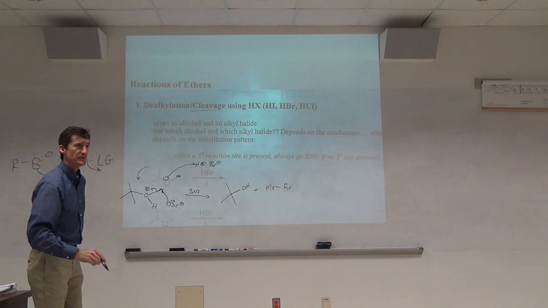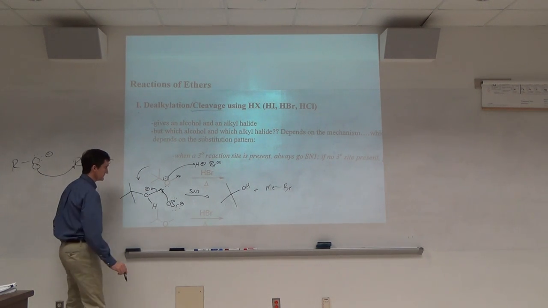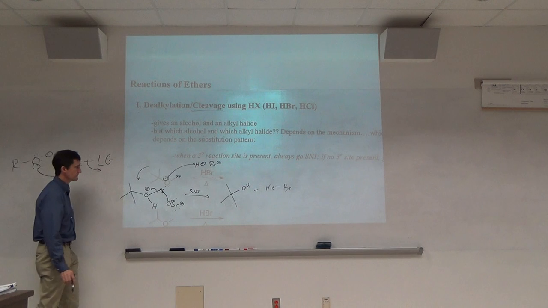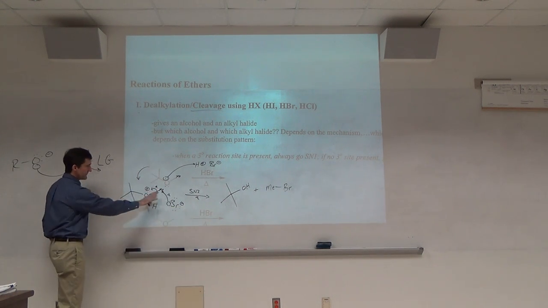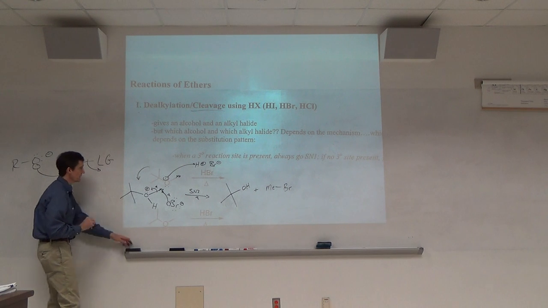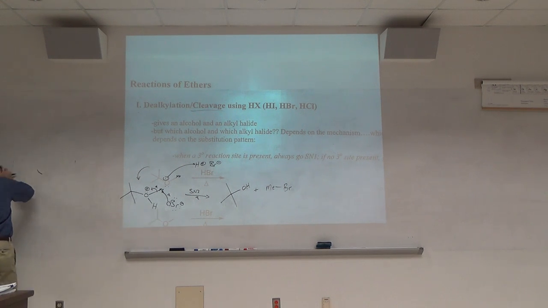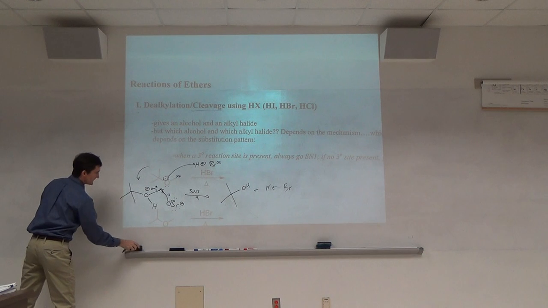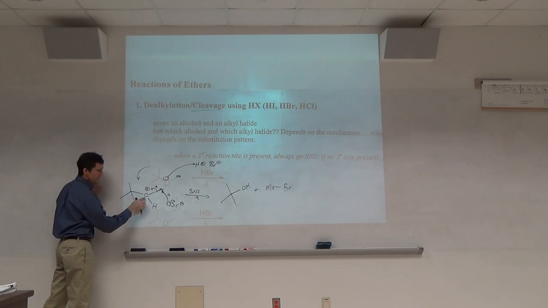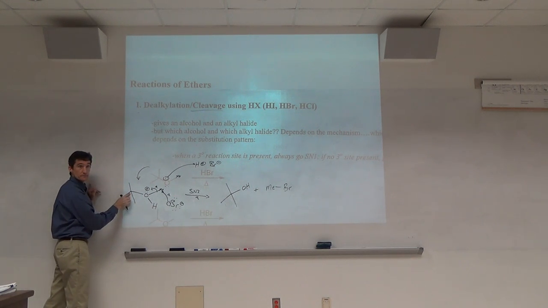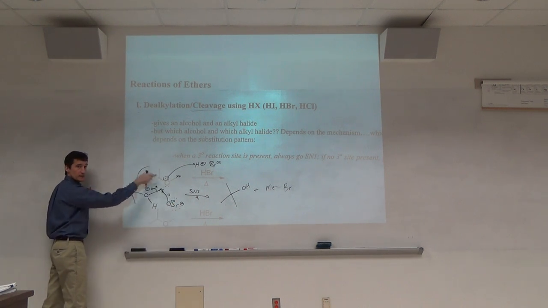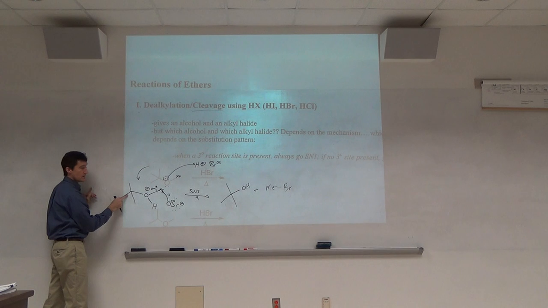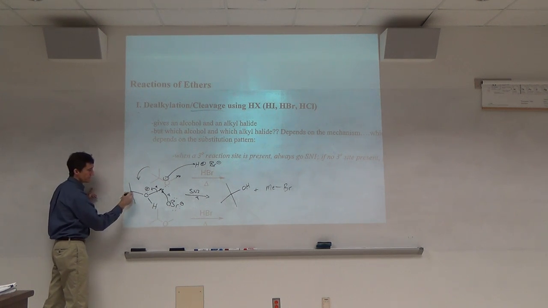What other mechanism could be done here instead of SN2? I'm going to call this A. What else could happen here? Another mechanism could be that this oxygen could just leave this carbon. Do you want to show the bromine attacking this carbon and kicking the leaving group off? No, that's tertiary. You would never do that. But what could we do here instead?